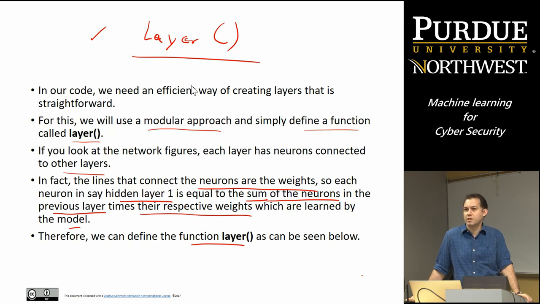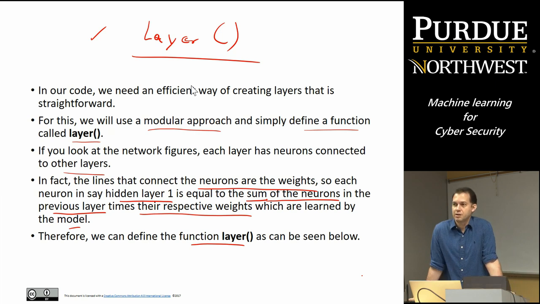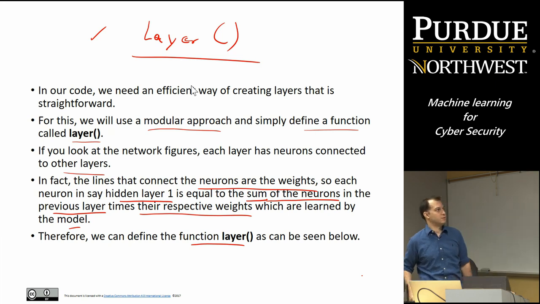This is an important point. I don't know if you've noticed that already, that it's a linear sum. Remember, if you have a neural network, it doesn't matter if you have 20 layers in there. If there are no activation functions, they're all just linear sums. So at the end of the day, you end up with one single linear function. Right?